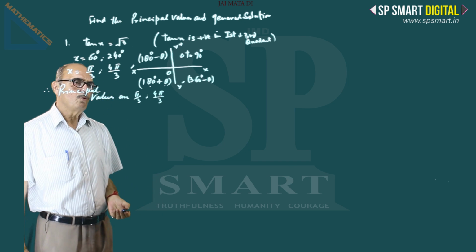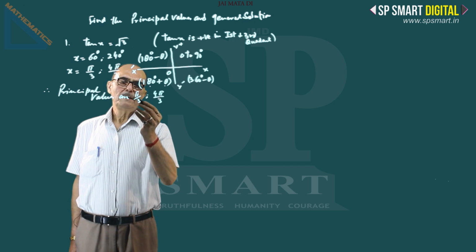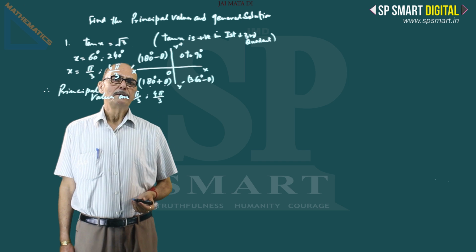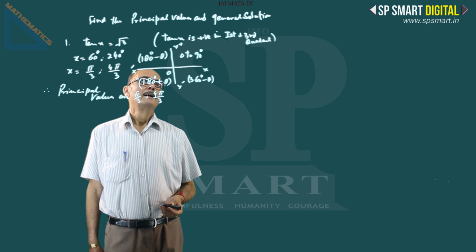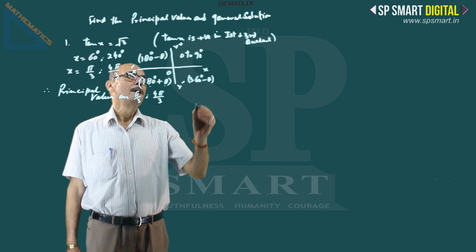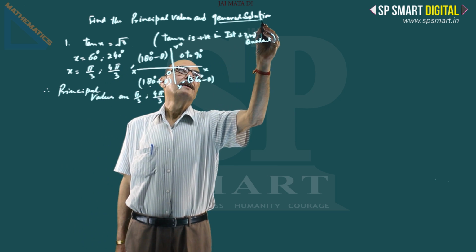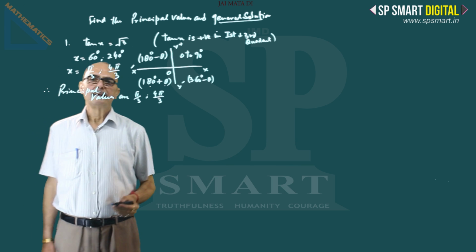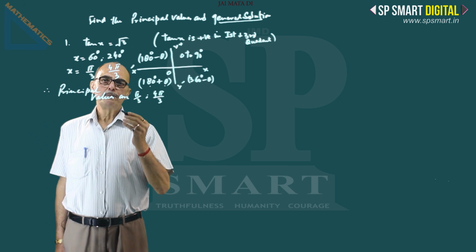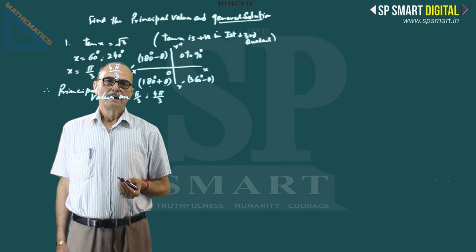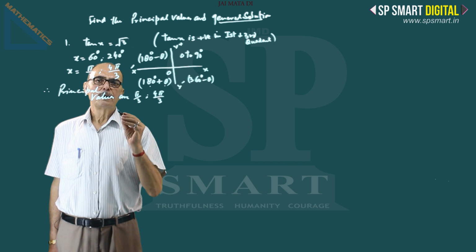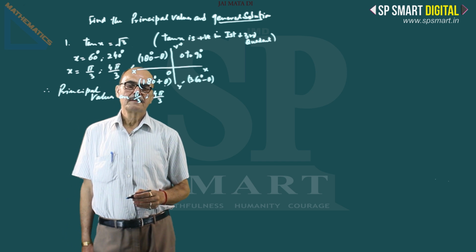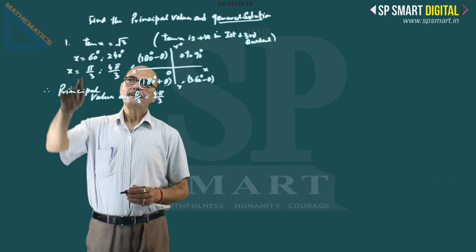Out of these two values, pi by 3 is the smaller value and this is the larger value, only two values in this case. For finding the general solution, that means general solution here we mean we develop a formula from which we can find infinite angles which satisfy this given equation.